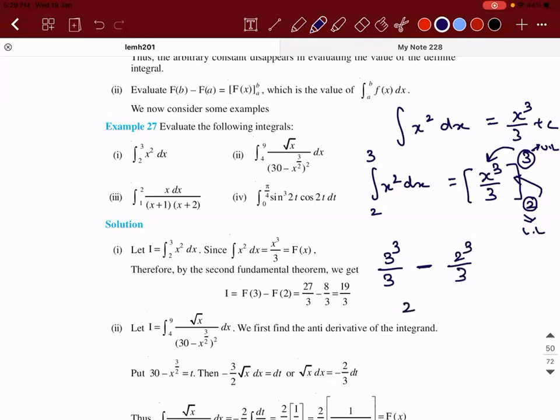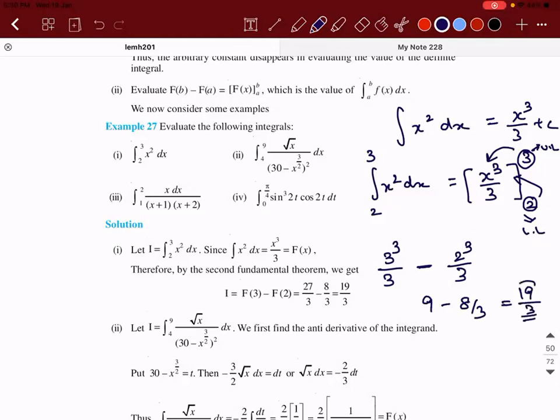So 3 cubed by 3 is 27 by 3, which gives 9. 9 minus 8 by 3, so 27 minus 8 is 19 divided by 3.